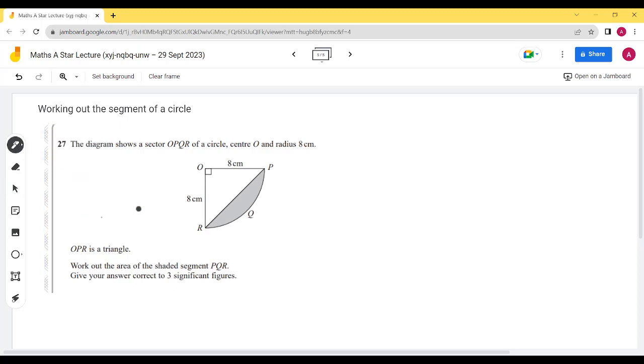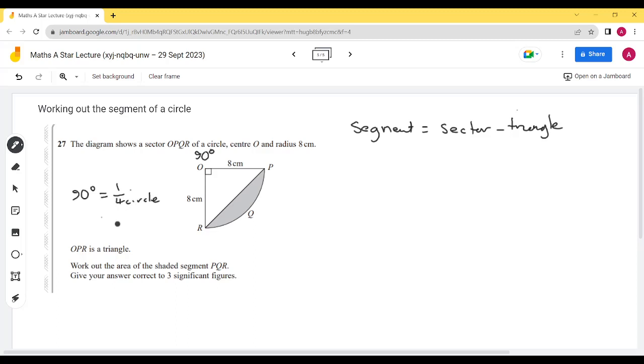segment, what we've got here is a sector with a triangle in, so the segment equals the sector, so the whole shape, minus the triangle, because the segment is the part shaded except for the triangle. And we've got a right angle here, so it's 90 degrees. If it's 90 degrees, it equals a quarter circle.